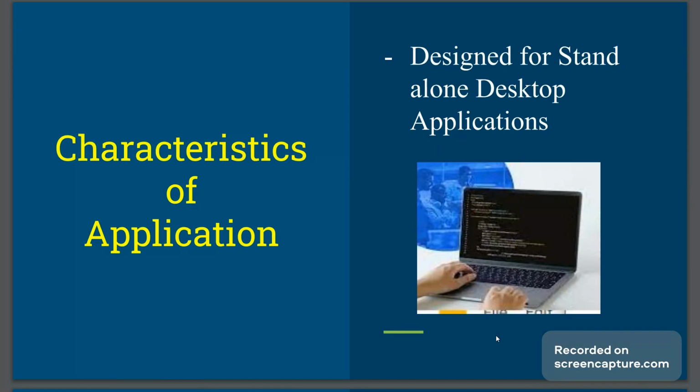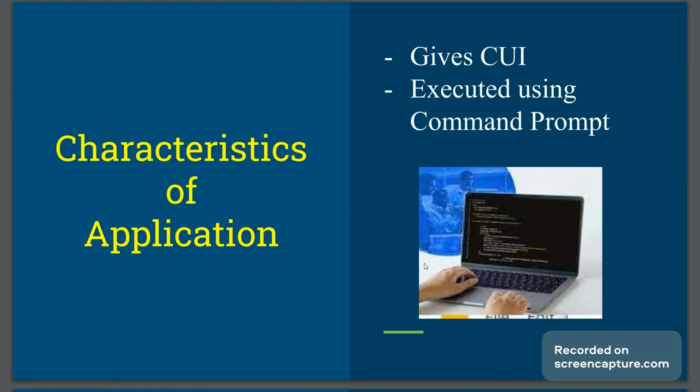These application programs are basically designed for standalone desktop applications. It means the program is written on a machine, created on the same machine, and executed on the same machine, that is a local application. So application programs are suitable for designing desktop applications.